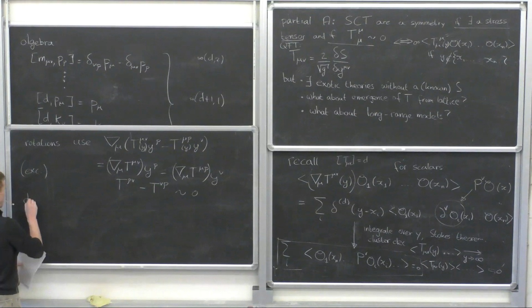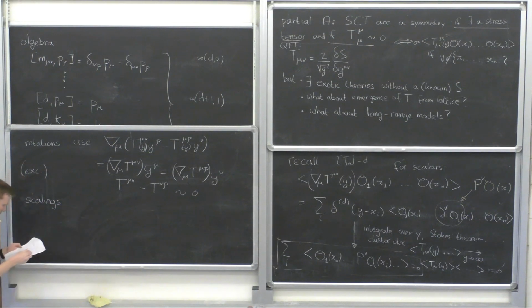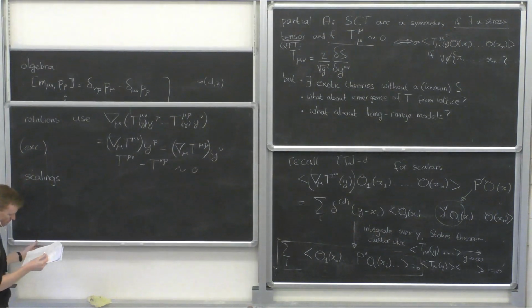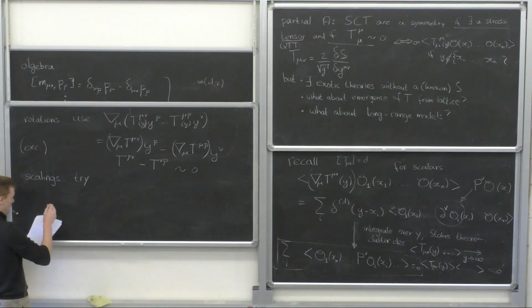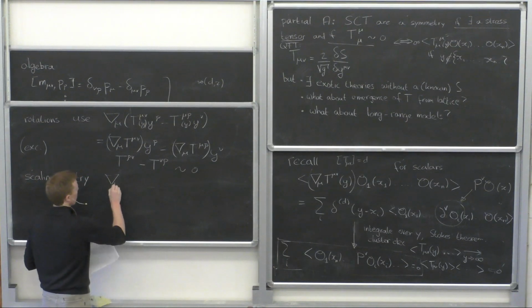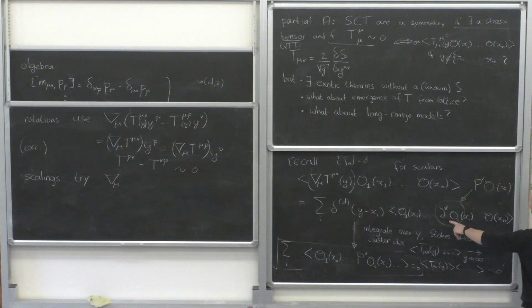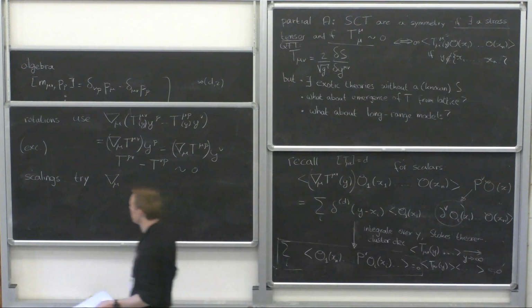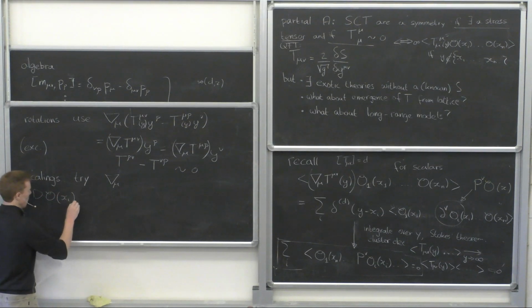And the last one that I want to mention before the break is scalings or dilatations. Well, we want the dilatation action on this operator. So we just have to contract this. D on an operator should be what?